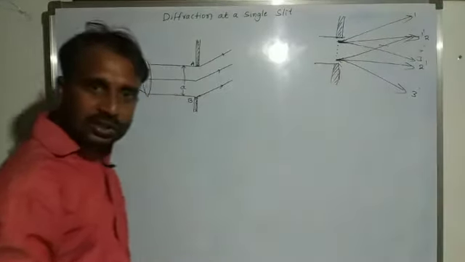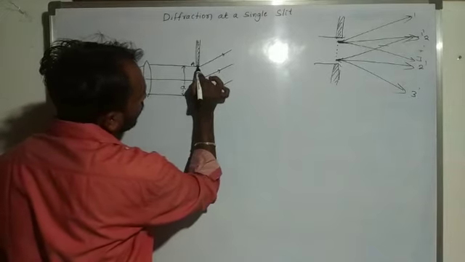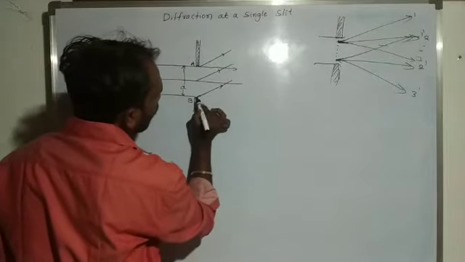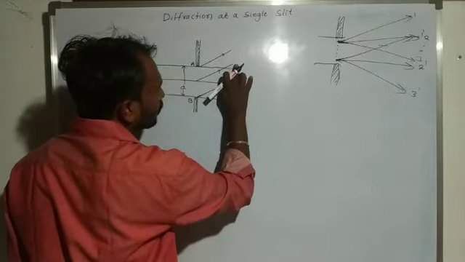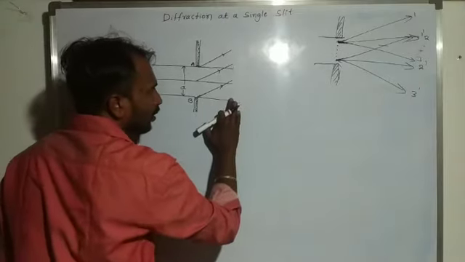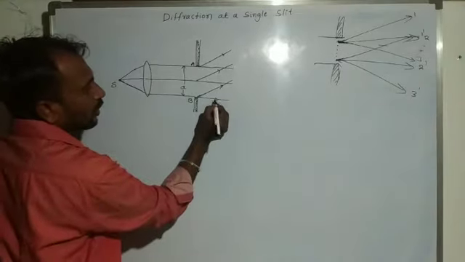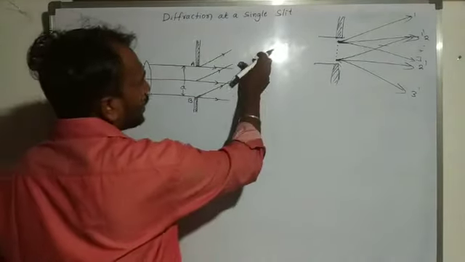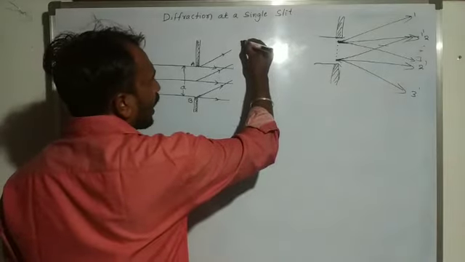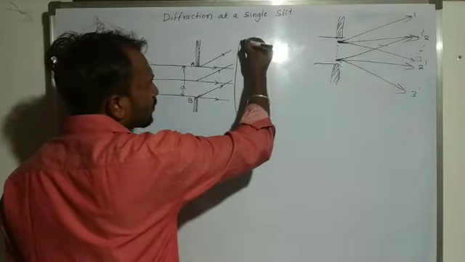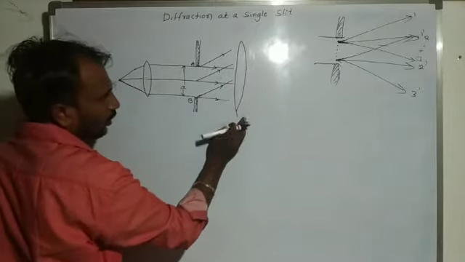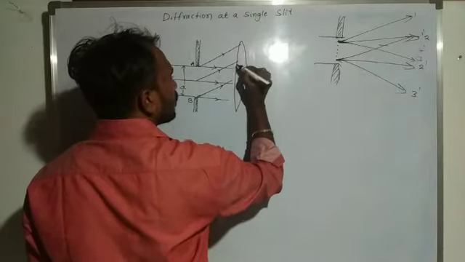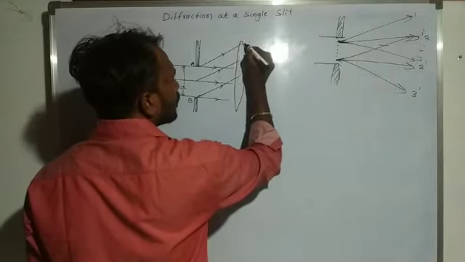So these light rays are parallel to each other. When these light rays are incident on another convex lens, then what happens? These light rays converge.